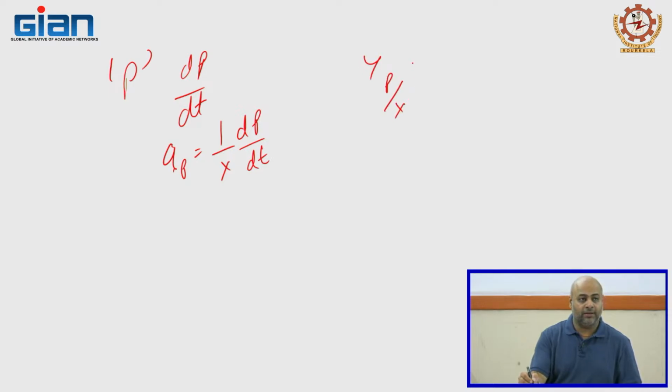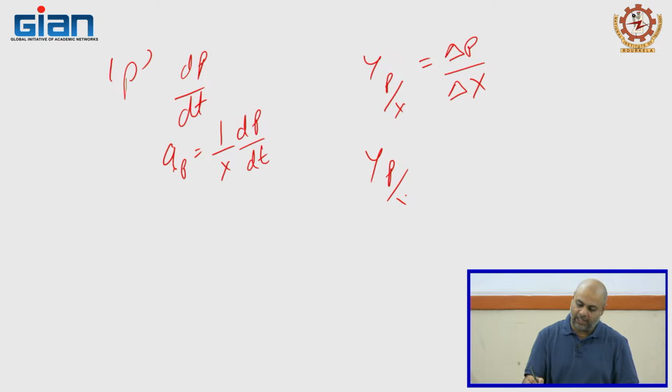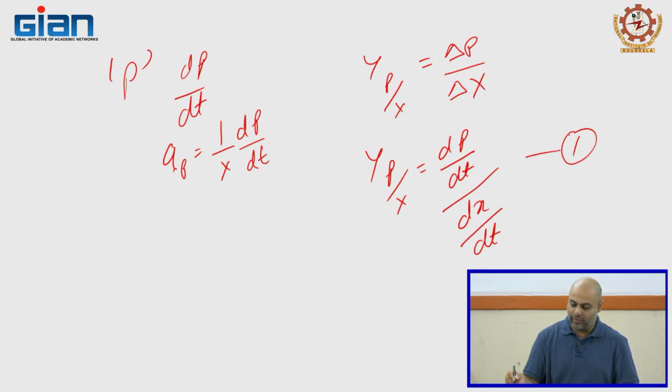Yp by x is the yield of product with respect to the cell concentration. That means change in product, del P over del x. I can rewrite Yp by x as dP by dt over dx by dt. Let us say this is your equation 1.